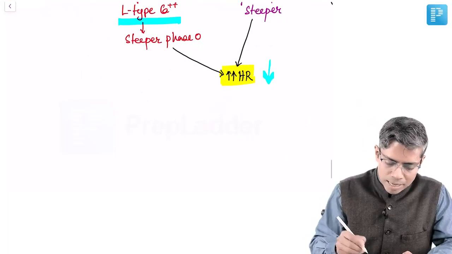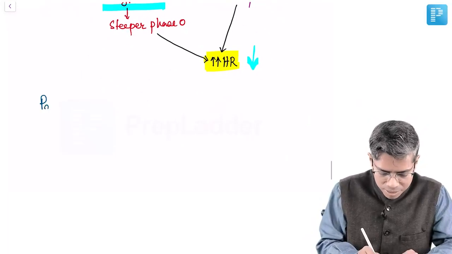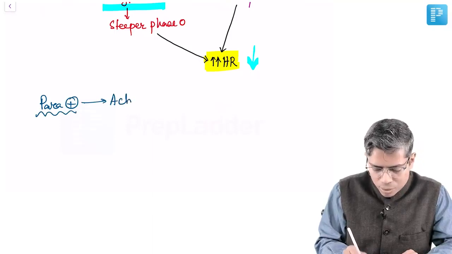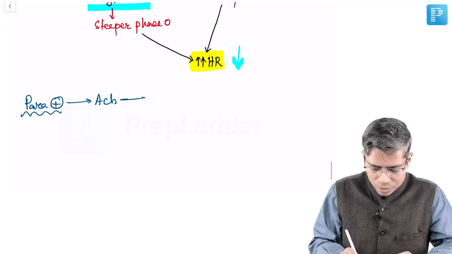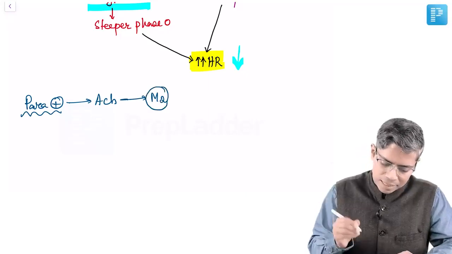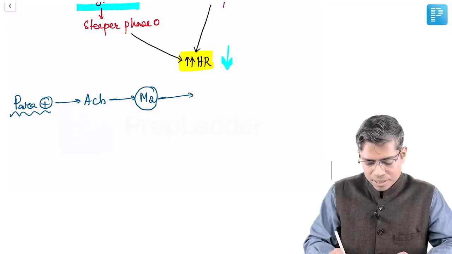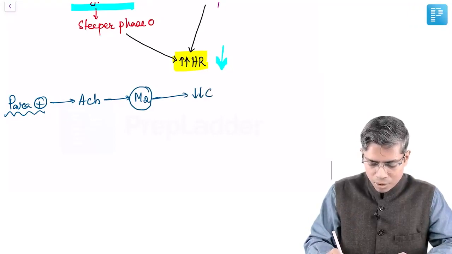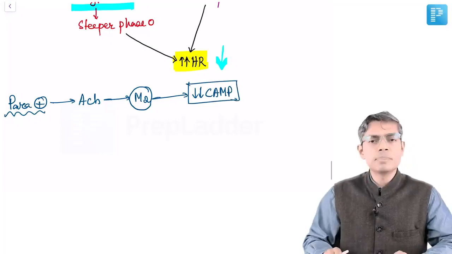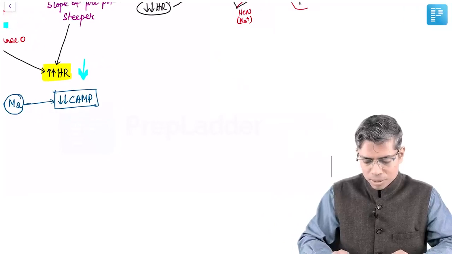Now if I ask you what will happen in case of parasympathetic stimulation, just the opposite, very simple. Parasympathetic stimulation means the neurotransmitter is acetylcholine and it acts on the M2 receptor. Whenever you stimulate the M2 receptor, there will be decreased production of cAMP. So whenever you are decreasing the cAMP, what will happen to the slope of this prepotential?